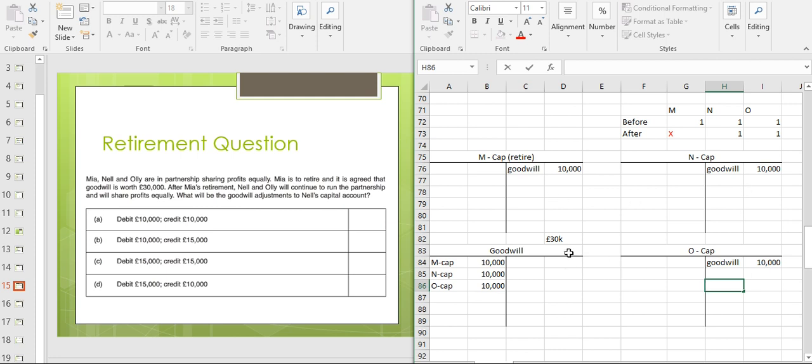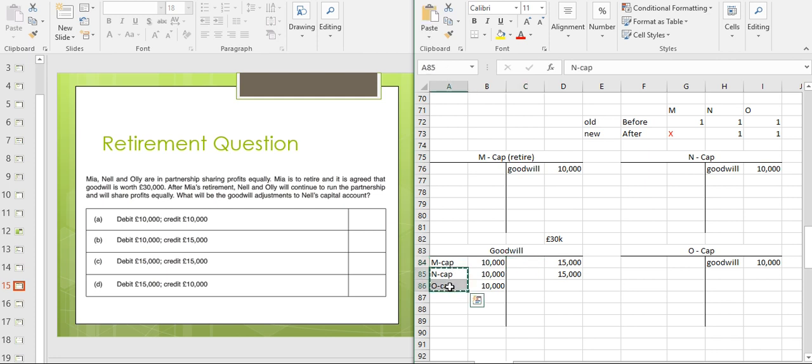Now we are going to eliminate goodwill, so 30 at the new ratio, old and new. However, this time we're going to split it between 2 partners, so 30 divided by 2, so 15. Now this is going to N and O only. We are not allocating this to Mia because she is leaving.